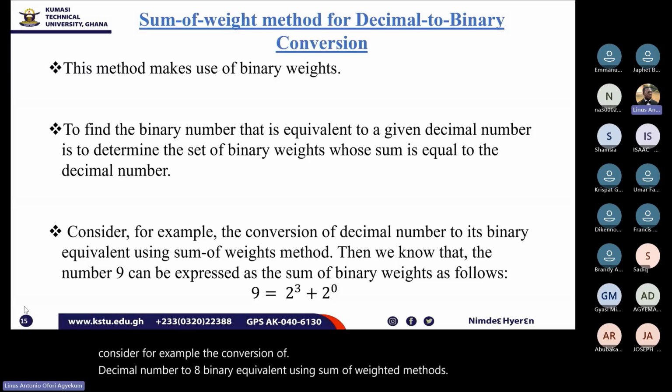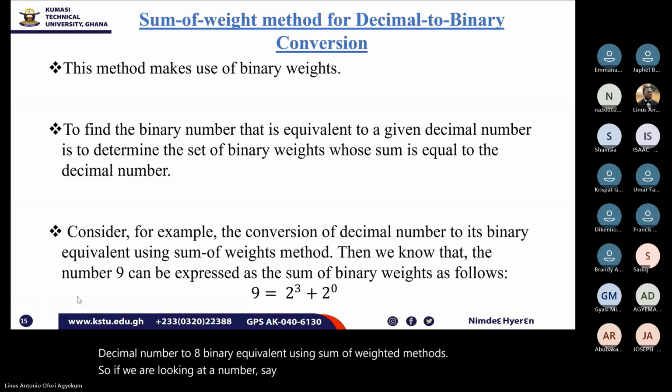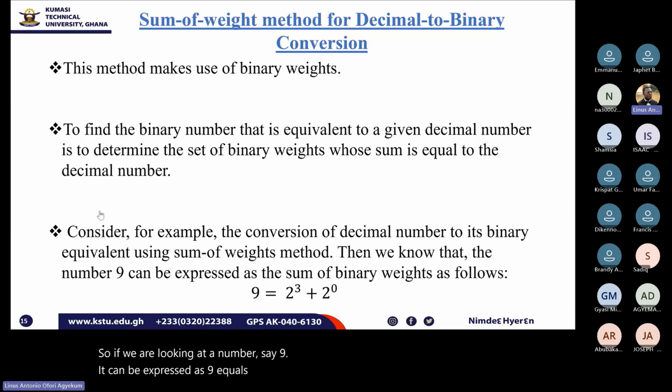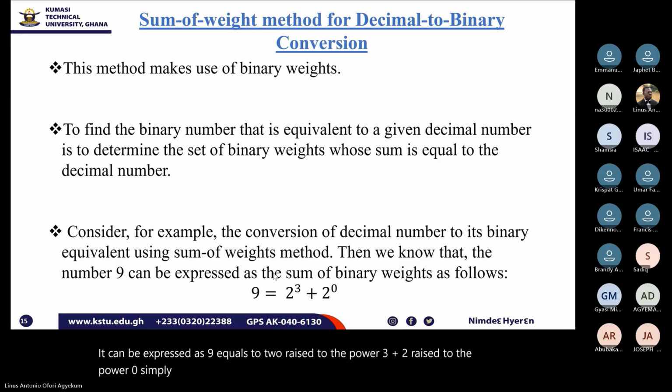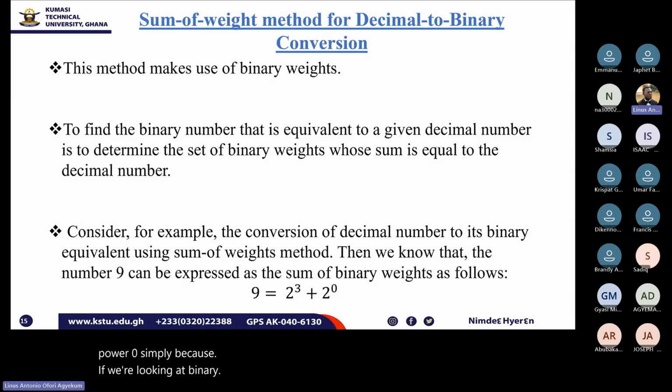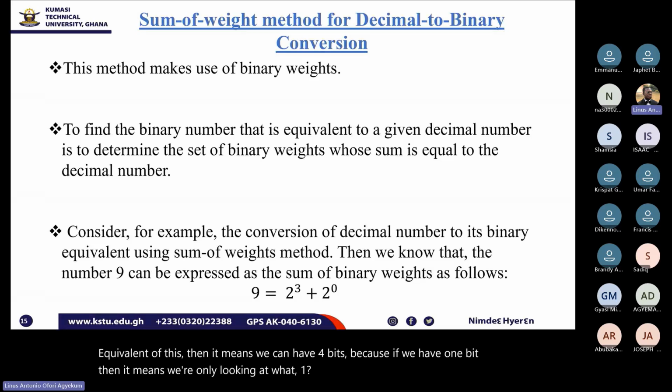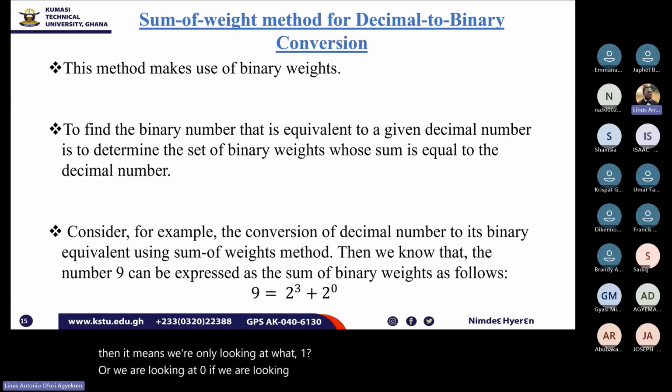So if we're looking at a number, say 9, it can be expressed as 9 equals 2 raised to the power 3 plus 2 raised to the power 0, simply because if we are looking at the binary equivalent of this, then it means we can have 4 bits. Because if we have 1 bit, then we're only looking at what? 1. Or we are looking at 0. If we are looking at 2 bits, then we are looking at a maximum of what? 2.